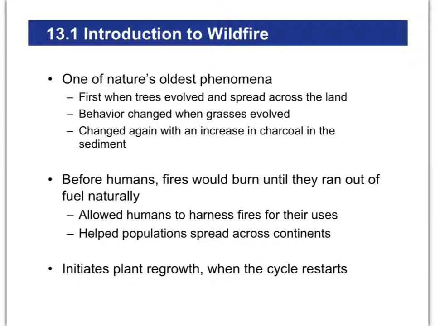And so when trees and grasses spread across the land, you would inevitably have wildfires, because trees were this large, dense area of fuel. When grasses evolved, especially dry grasses like you would have in the Midwest, they go up very quickly. And so when grasses came around, and especially the dry kind, fires were able to burn even more easily.